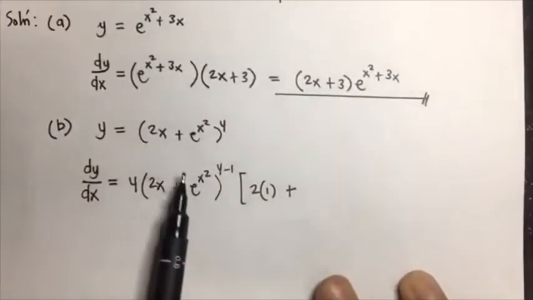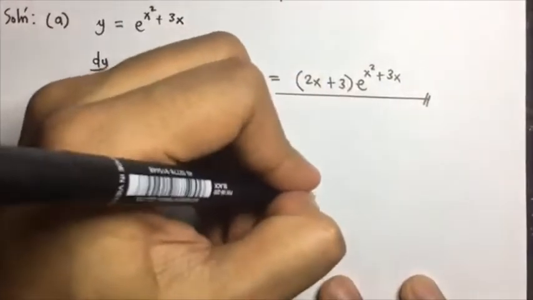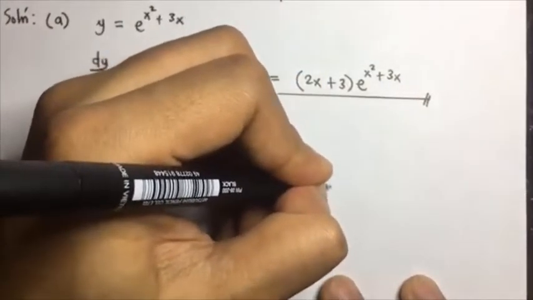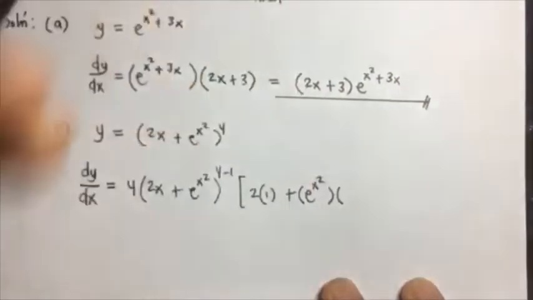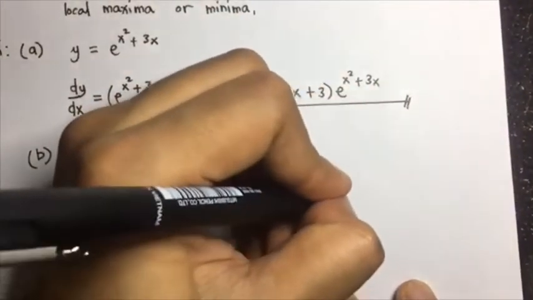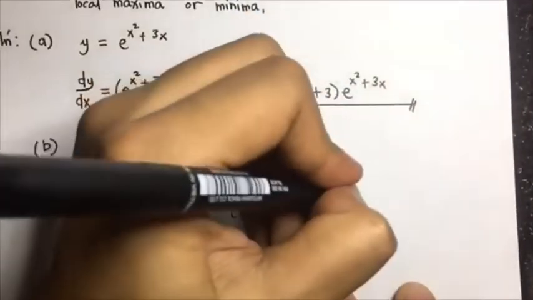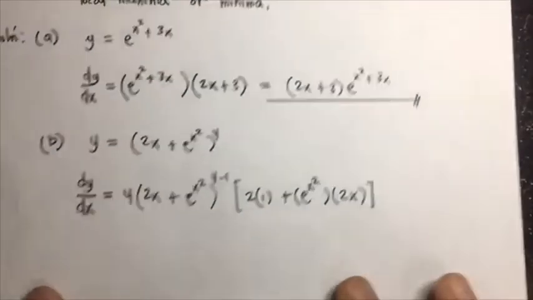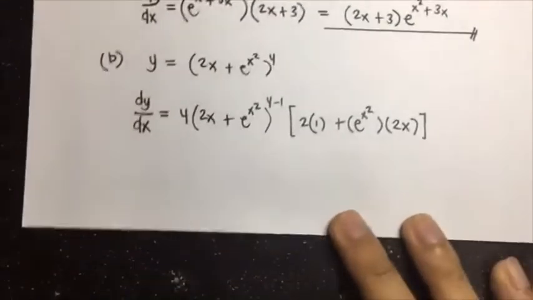So copy e raised to x squared, multiply it by the derivative of x squared, which is 2x. Okay, so that's it. Simplify.